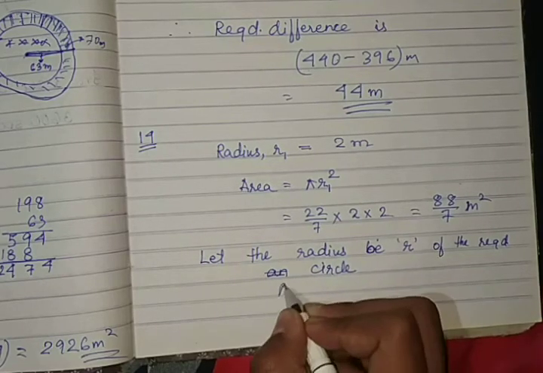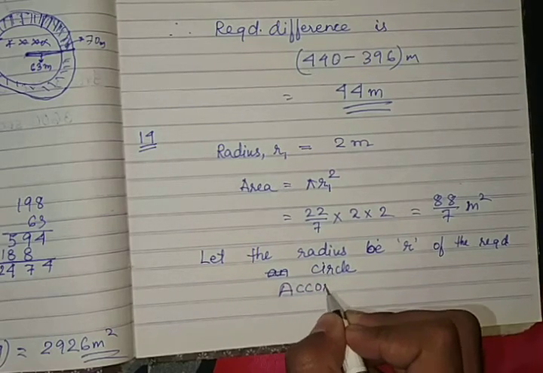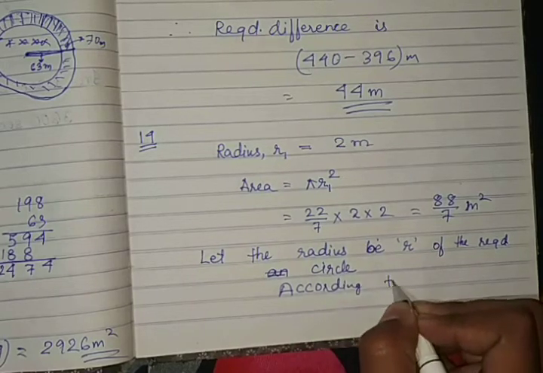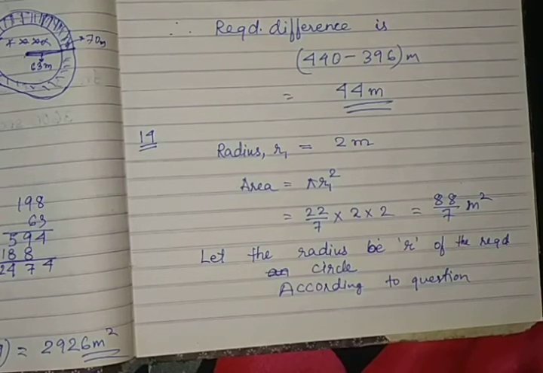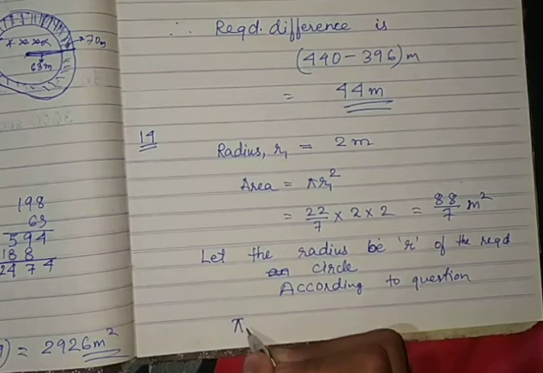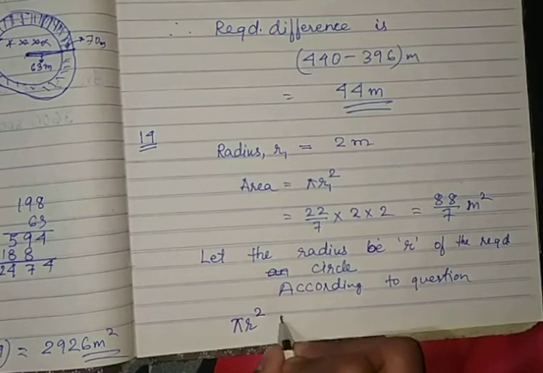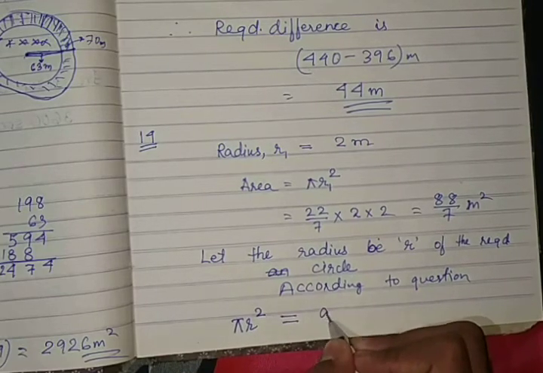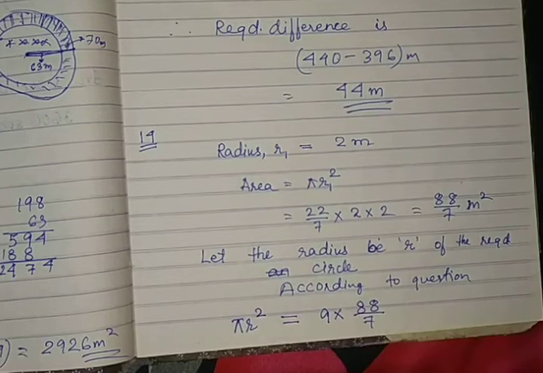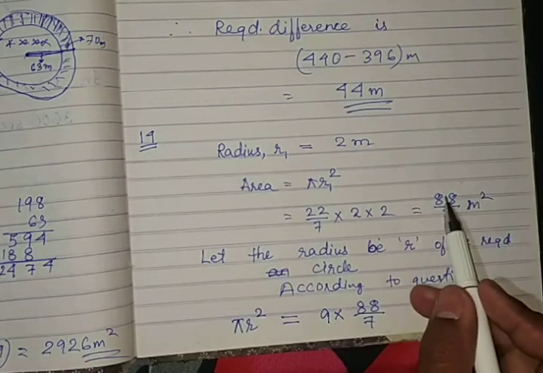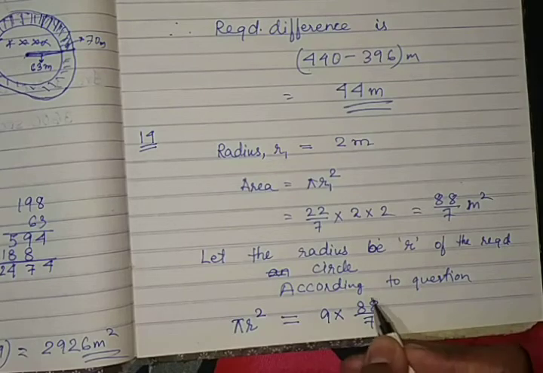Then according to the question, the area should be 9 times that of the first circle. So pi r square should be equal to 9 times the area of the first circle, 88 by 7, because for the first circle it is 88 by 7, and I have written 9 times here.